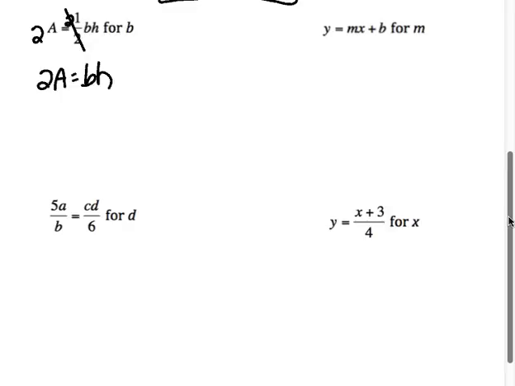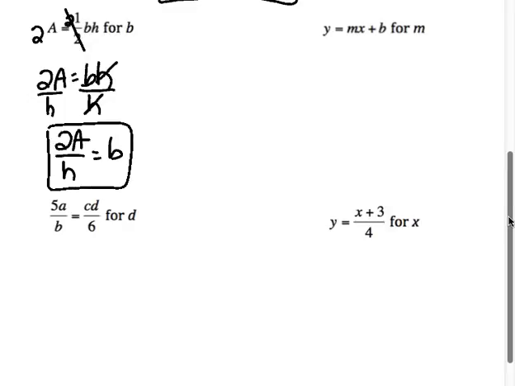I still need to get the B by itself though. So to get the B by itself, I'm now going to divide that H away because the H is multiplying the B right now. So let's divide it away. Now I have a formula. Now it's rewritten to solve for B instead. That's how we deal with literal equations.